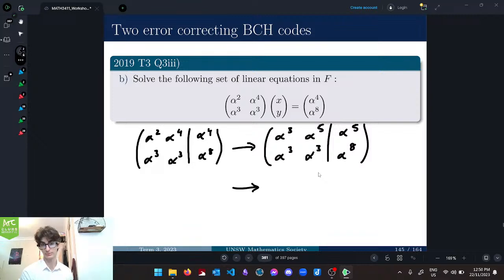We'll do that in a moment when we have to combine things. So I'm going to take this second row and subtract from it the first row. So we get alpha cubed, alpha to the 5, alpha to the 5, nothing changes there. We then get here, well, that's going to be just 0, which I don't worry about right now.